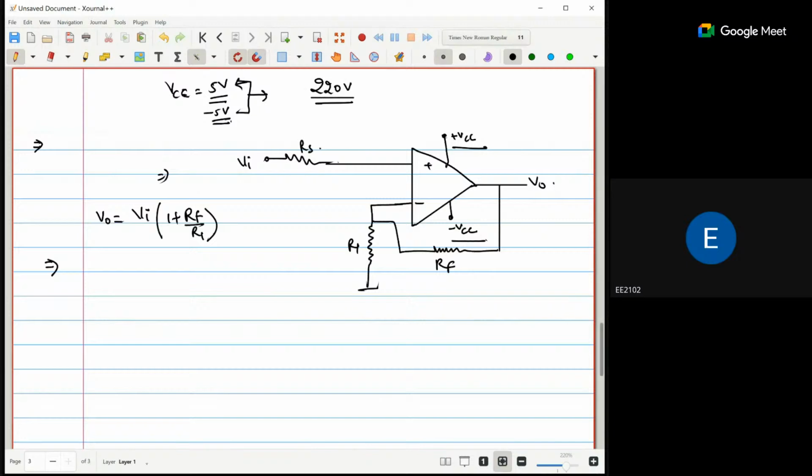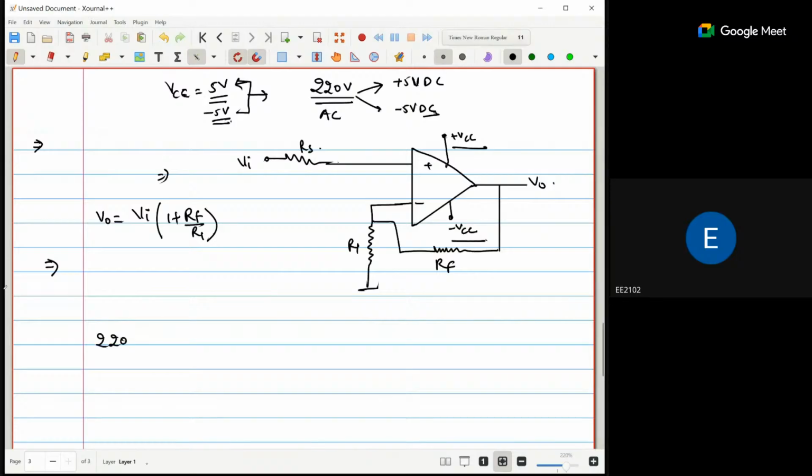The power supplies available in our laboratory have plus 5 volt and minus 5 volt.